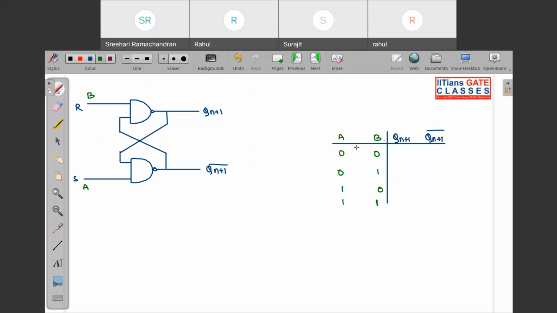If both the inputs are 0 0, as this is your NAND gate, both the outputs are immediately going to be 1 without even looking at the other input. So this is 1 1, and this is invalid.